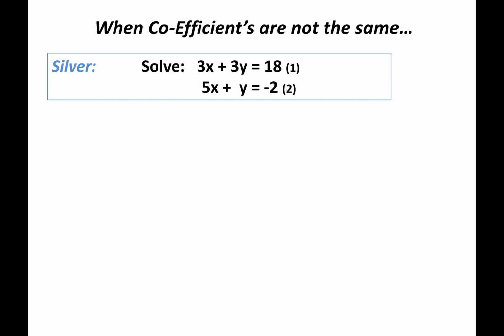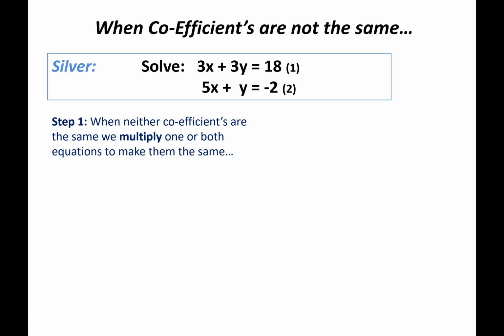Okay, the first thing we're going to do here is label our equations as usual. So we're labeling our equations, equation 1 and equation 2. Step 1. When neither coefficients are the same, we multiply one or both of the equations to make them the same.